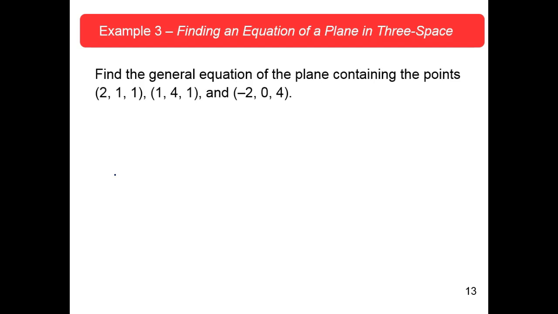How could we get a normal vector? How do we get a vector normal to two other vectors? The cross product. Remember? That always produces a vector, and it's normal to the two vectors you put in. So, let's pick any two of them. It really doesn't matter, just any two of them, and do a cross product. Okay?